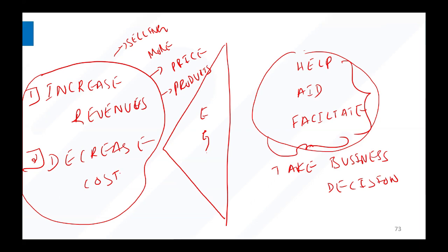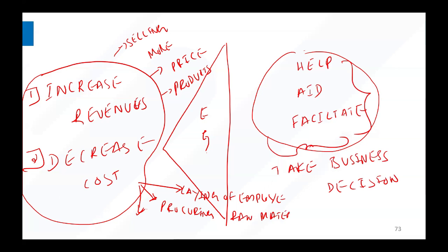So we can decrease the cost by, how can you decrease the cost? These days what they're doing is laying off employees, employee cost. And procuring the raw materials at cheap cost, and then improving the efficiency.